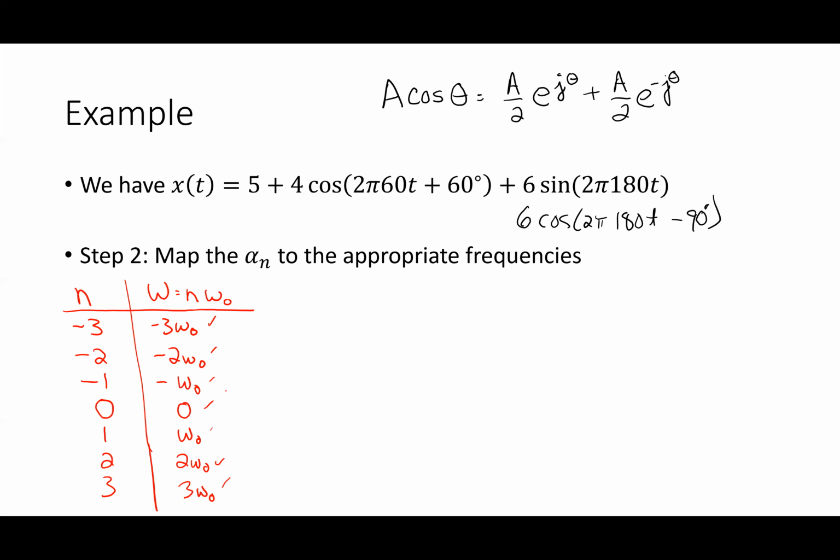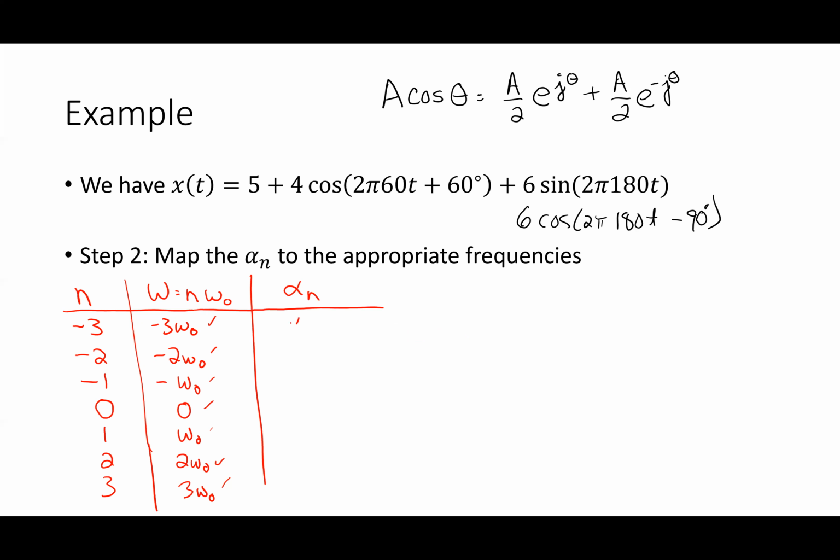If I were to create that in MATLAB, I would want an omega vector that goes from negative, well, we'll come back to the MATLAB question later in this video. The thing I want to remember here is to relate the alpha n values to those frequencies.